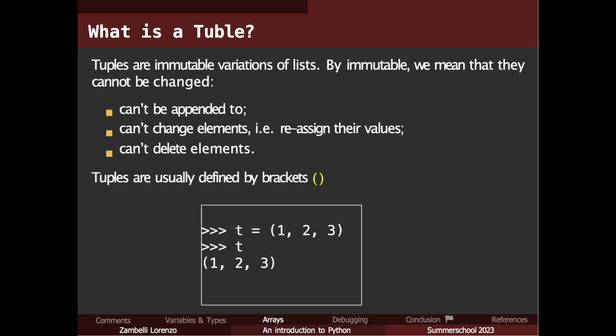Tuples are defined by round brackets, and as we can see in the examples, as tuples are the immutable version of list, they share the same property as lists, which means 1, 2, and 3 can be any variable that you like. It could be a list, it could be another tuple, it could be a string, and so on. There is no restriction to it.